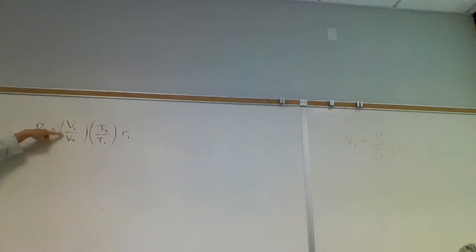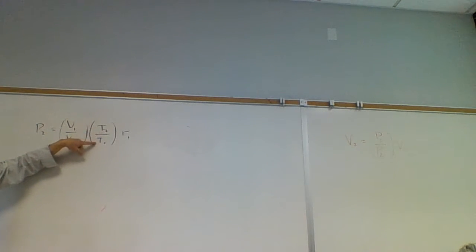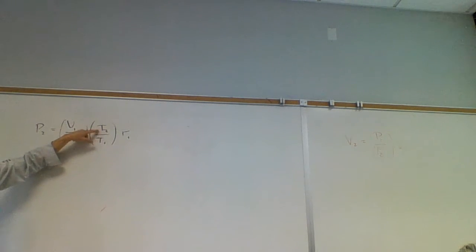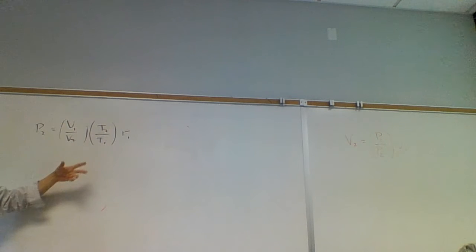If the volume increases, pressure should decrease. If the volume decreases, the pressure should increase. What about the temperature? If the temperature increases, so we're going T1 to T2, it gets bigger, then the pressure should increase, and if the temperature decreases, the pressure should decrease. So we can see what happens here.